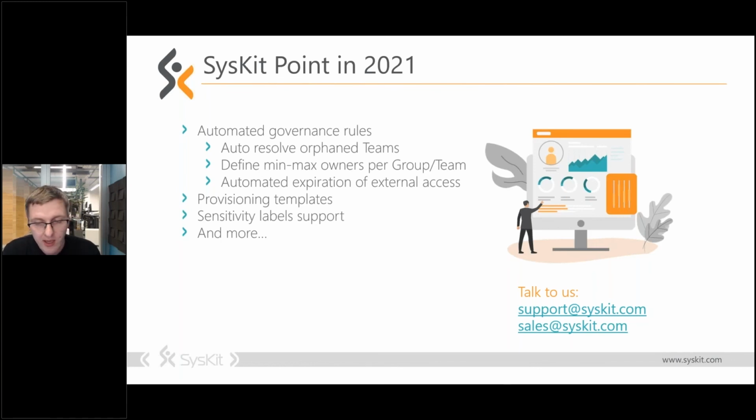Let's say if you set 2 owners is the minimum, and if that number jumps to 1, then we'll start the workflow where the single owner will have to decide who's going to be the second owner. And this is very useful because if you only have one owner and that person leaves the company, then you have orphan teams which nobody is taking care of.